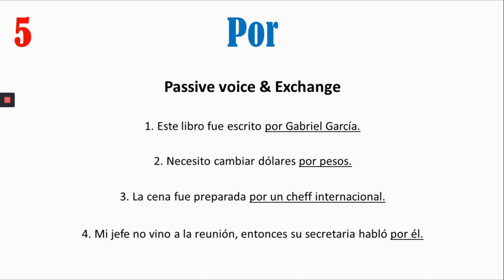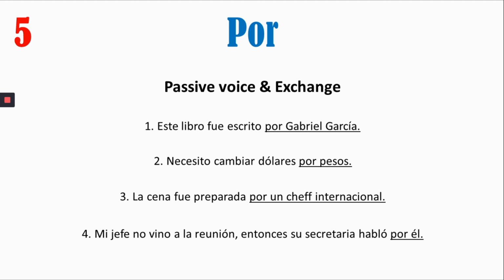And finally, number 5. And this is just with the word por, because the word por will be used with passive voice and also in exchange situations. For example, número 1. Este libro fue escrito por Gabriel García. This book was written by Gabriel García. So here we have a passive voice.